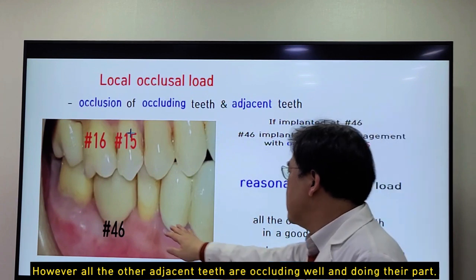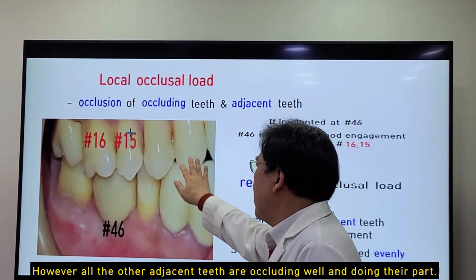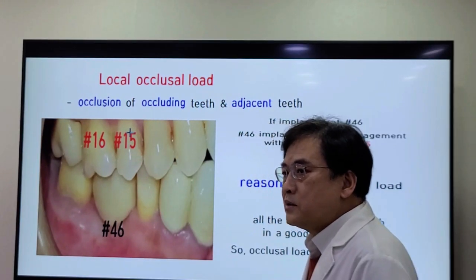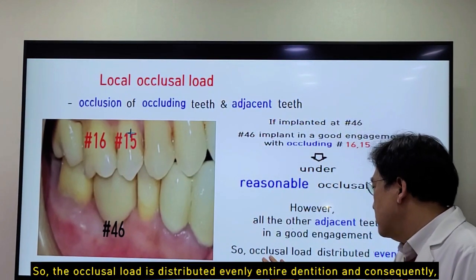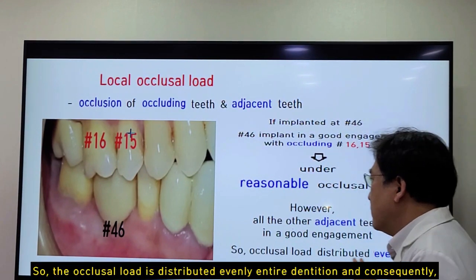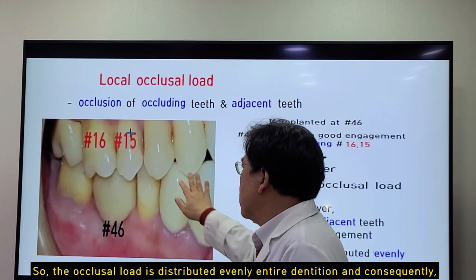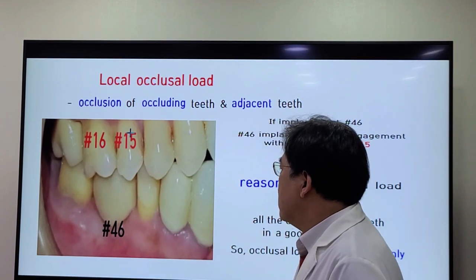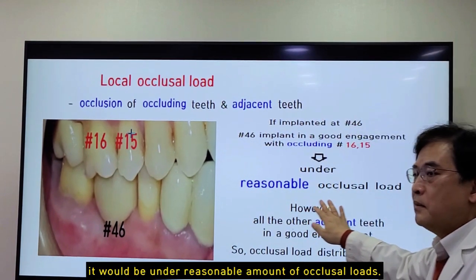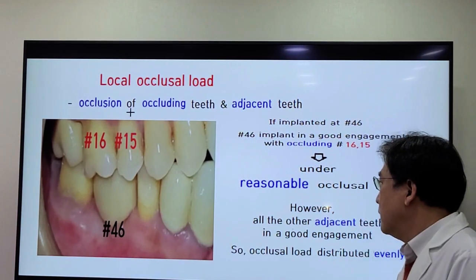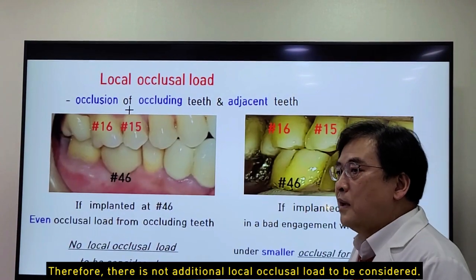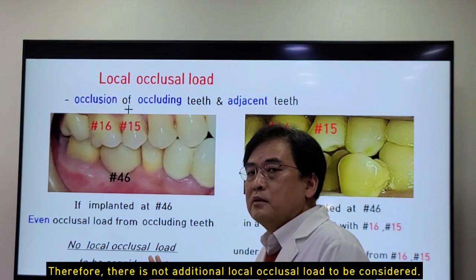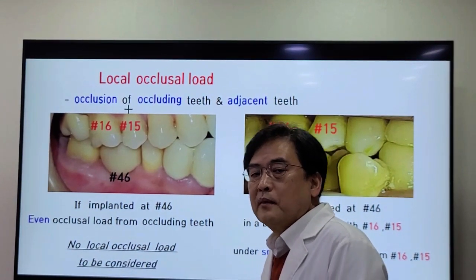However, all the other adjacent teeth are occluding well and doing their part. So the occlusal load is distributed evenly in the entire dentition, and consequently it will be under a reasonable amount of occlusal load. Therefore, there is no additional local occlusal load to be considered.